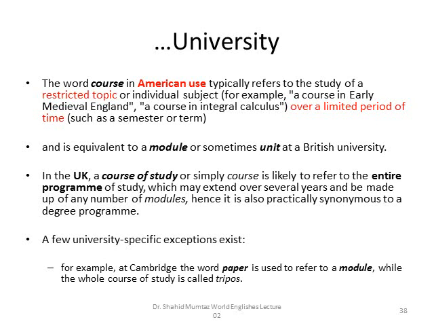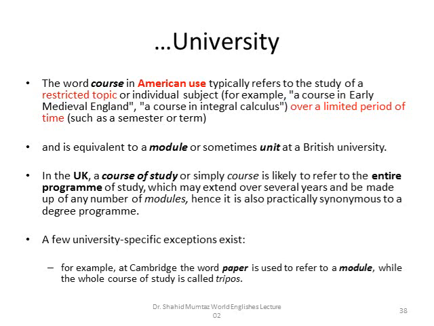So it may refer to MPhil linguistics, the whole program, which may extend over several years and be made up of any number of modules. Hence, it's also practically synonymous to a degree program. So, course can be equivalent to a degree program in the UK, but not in America. America means what we mean here in Pakistan nowadays.